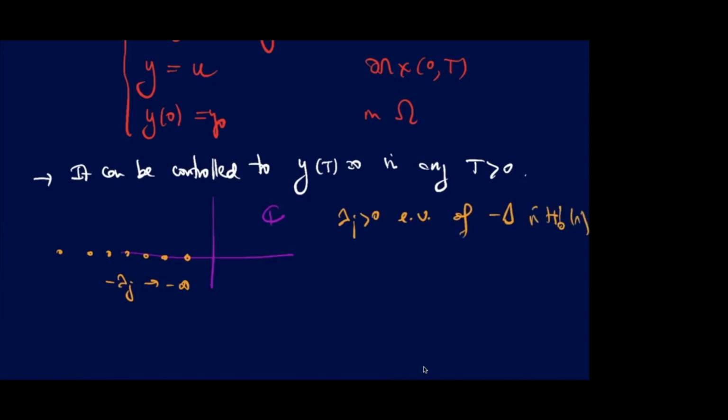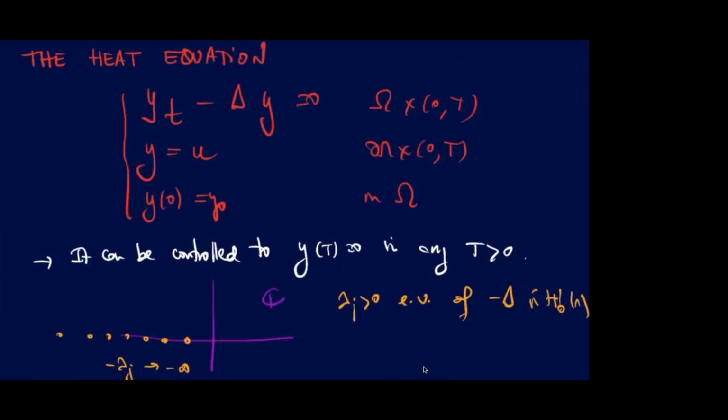Okay. So the spectrum is moving to minus infinity so fast that the dissipative effects of this heat equation are so large that eventually, from a control perspective, it behaves like a finite dimensional system in some sense.